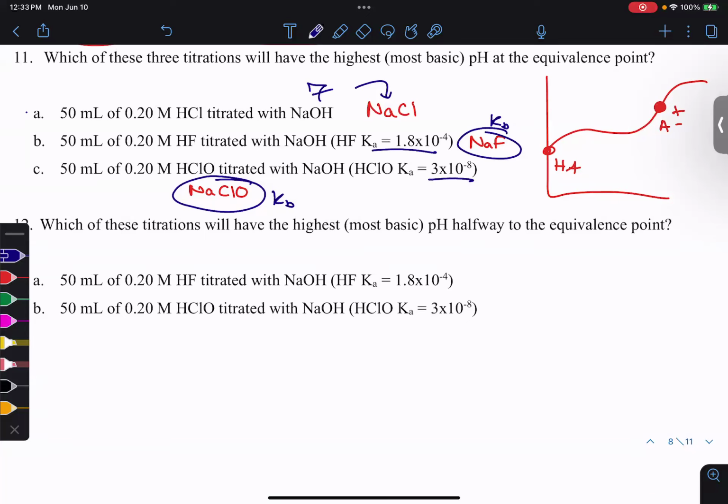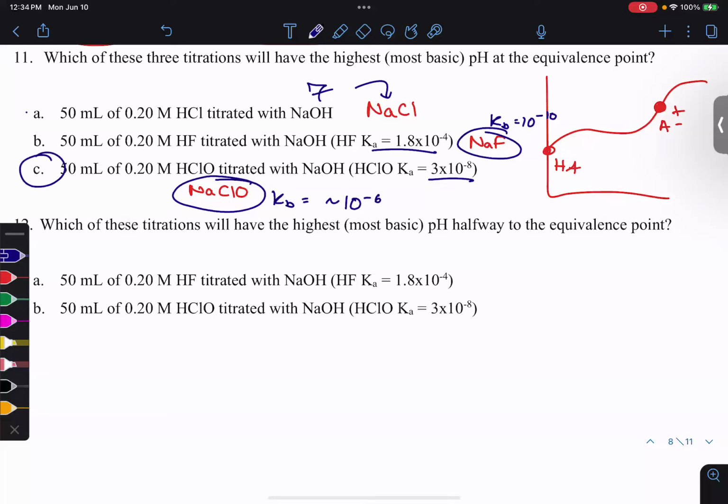So let's look at these acids. HF versus HClO. HF is the stronger acid, so therefore NaF is going to be the weaker base. Here the Kb for NaClO is about 10 to the negative 6, but for NaF, Kb is equal to 10 to the negative 10.